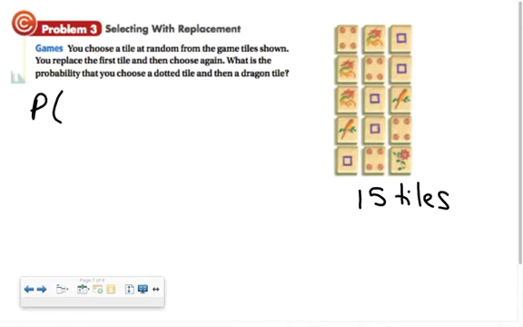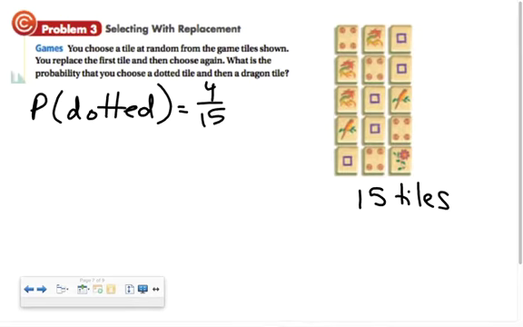So probability of choosing a dotted tile, well, how many dotted tiles do I have? 1, 2, 3, 4. So 4 over 15.